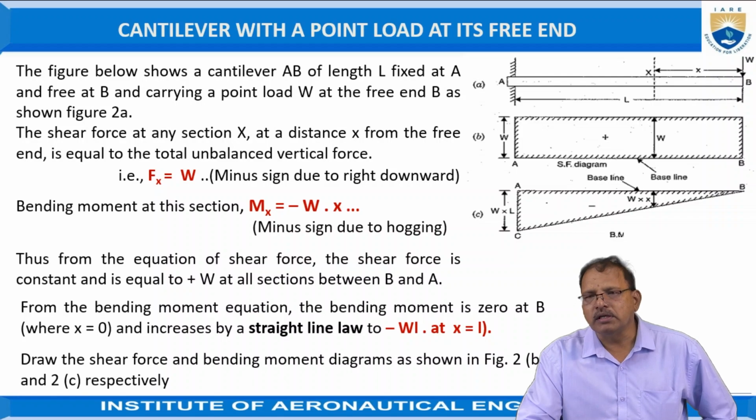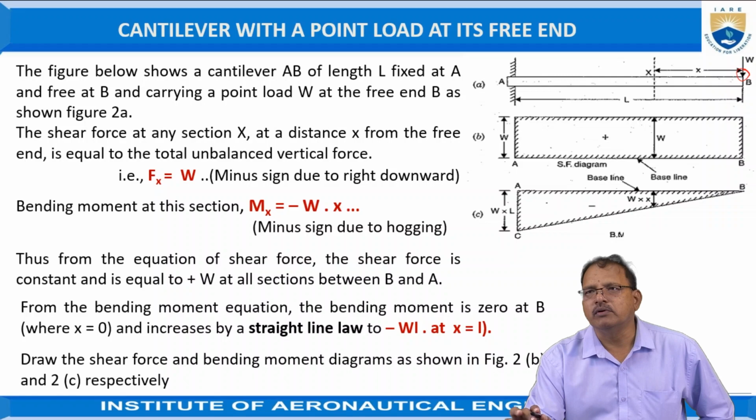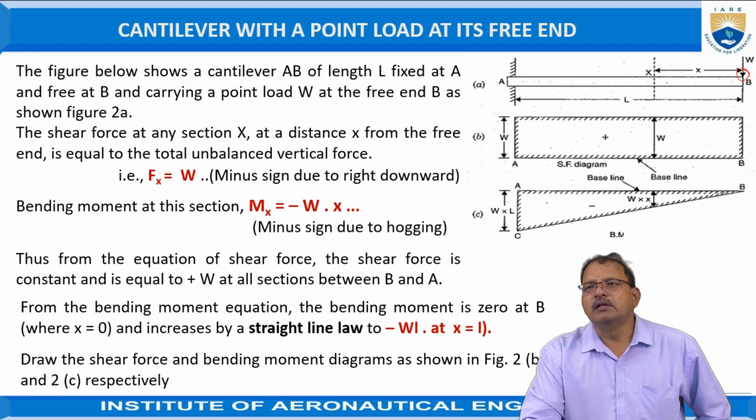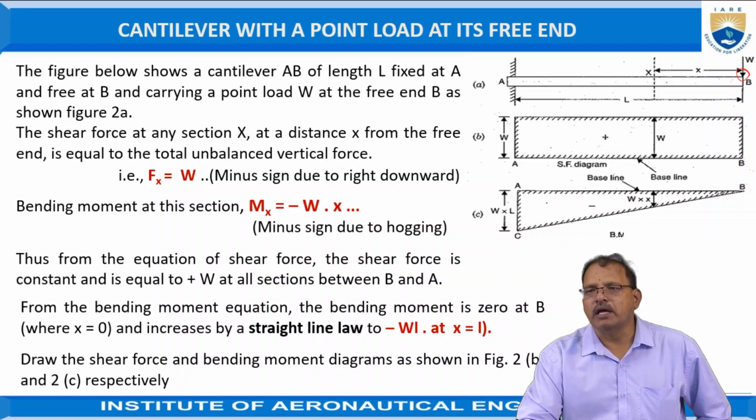Now, with respect to the section X, the unbalanced force acting toward the right side is only at B. That is, at B the point load W is acting in the downward direction. So, with respect to the X section of the beam, the unbalanced force is W, acting downward.